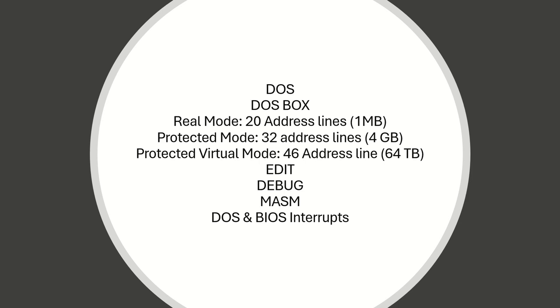So 2 to the power of 20 is 1 megabyte, the addressing capacity. However, the data lines are 16, but in order to maintain the compatibility of byte addressing, they still maintain 1 megabyte of addressing capacity, or you can say 512 kilo words of addressing capacity in 8086.